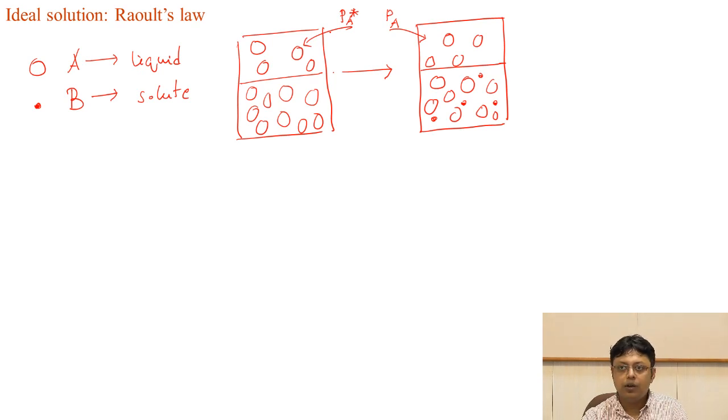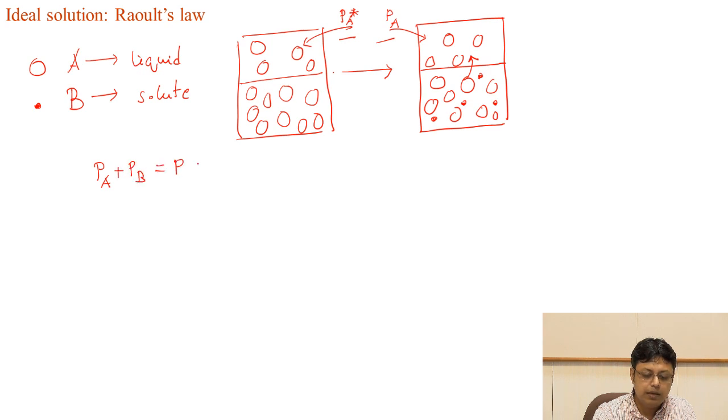Now why are we making that approximation? The reason being, when the solute is present, the evaporation of the solvent molecules into the vapor phase will be a little bit suppressed. So definitely PA star and PA will be different. However, the total pressure expression, which we took as PA plus PB, which is the P, and that we approximated as PA star, is not a very bad approximation.